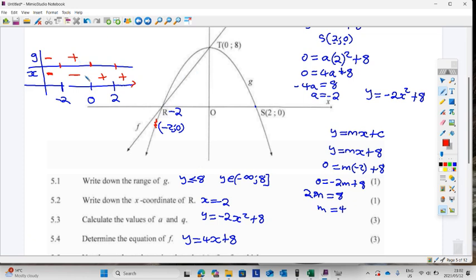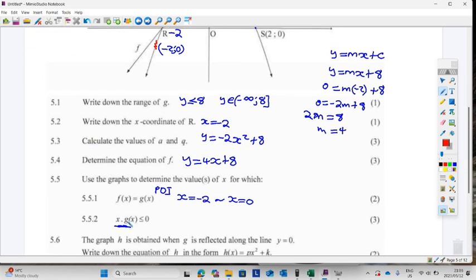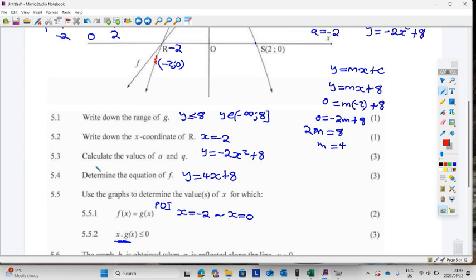So it is positive. And then from 0 to positive 2, it is still positive there. And then from 2 going to infinity, it is now negative. That is, it is now under the x-axis.